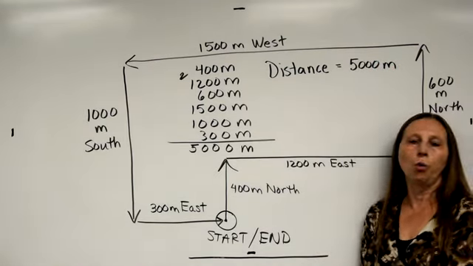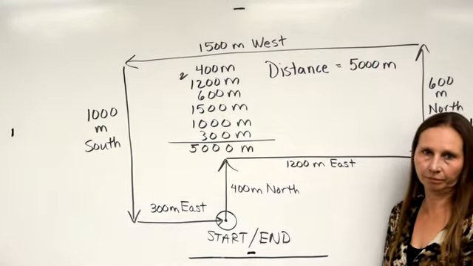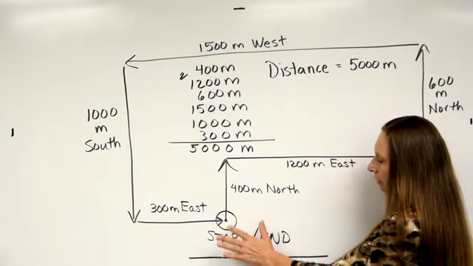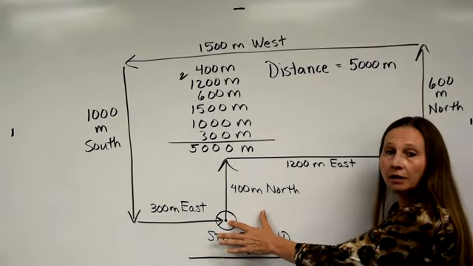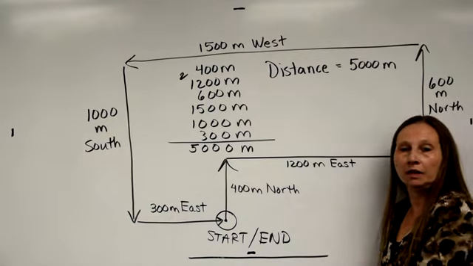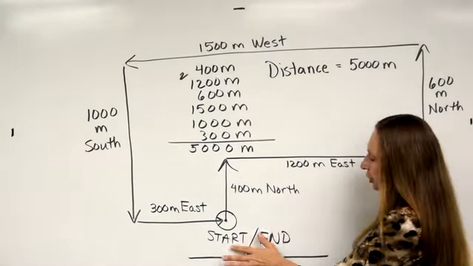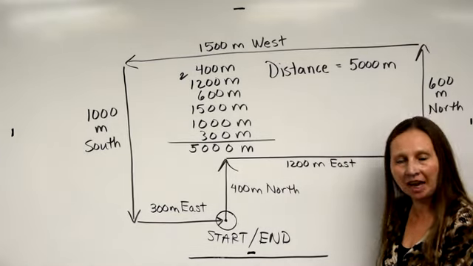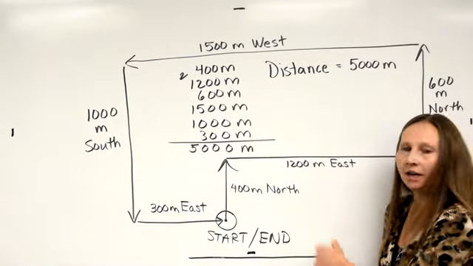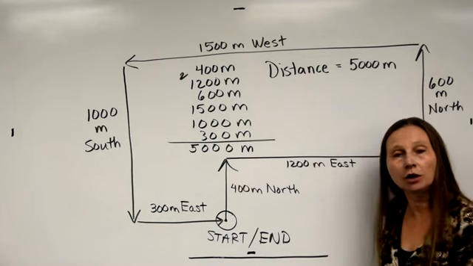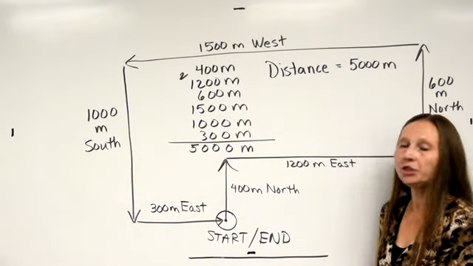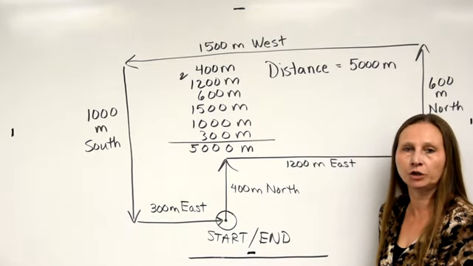Now, what about the displacement? From start to end, she didn't go anywhere. If she starts and ends in the same exact spot, like she did here, then what is her displacement? What is the magnitude of her displacement?